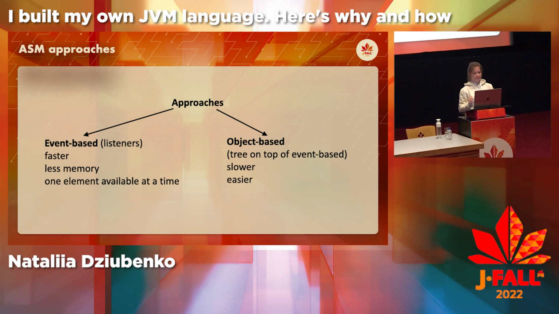The object-based one holds the whole tree of your class structure. The class, the methods inside, and the code inside the methods form a tree as well, and all this tree is held in memory if you use the object-based approach. It is easier to use, but also a bit slower. If you use the event-based approach, then one element will be available at a time.